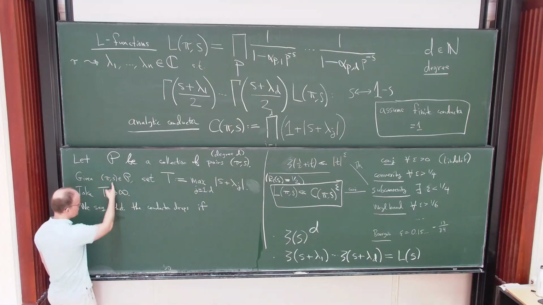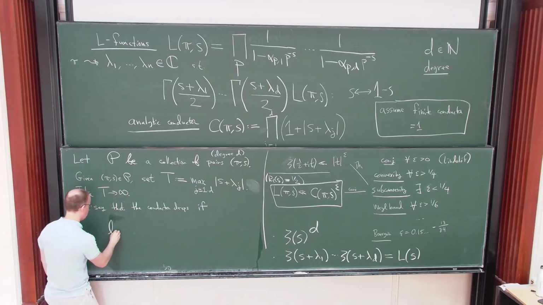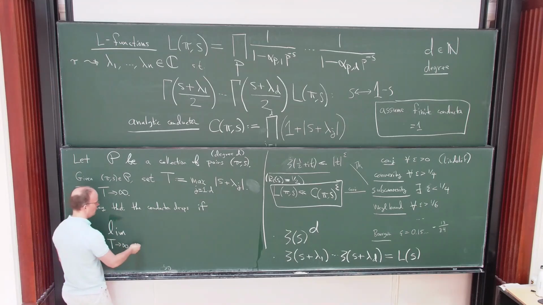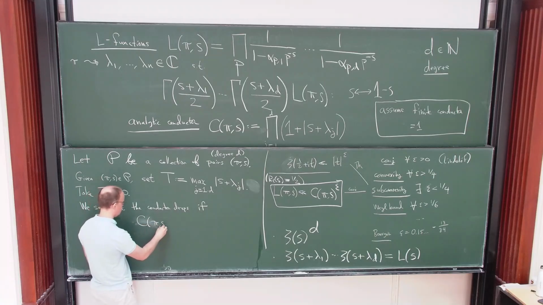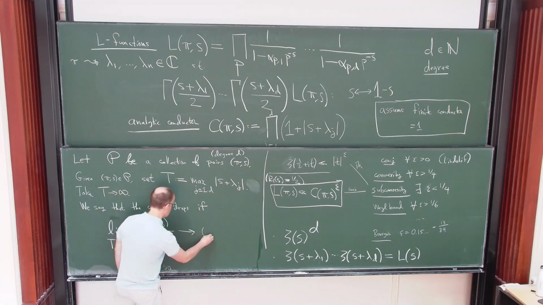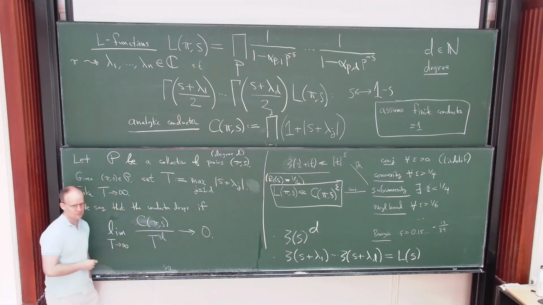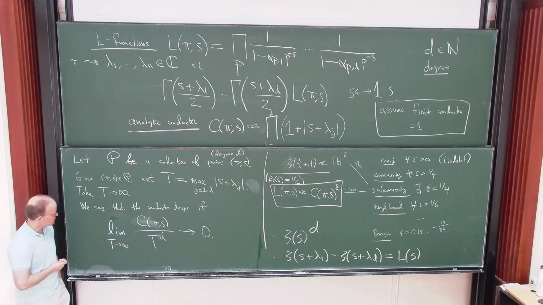So we'll say that the conductor drops over the sequence if the limit, as T goes to infinity, of the conductor divided by T to the d goes to 0, we'll say that the conductor drops.